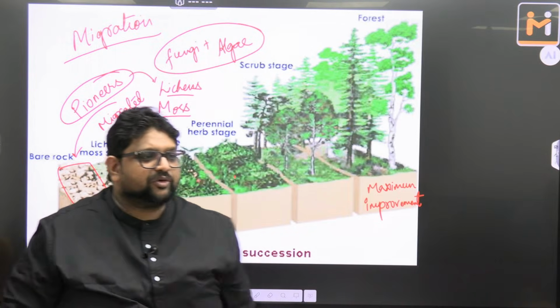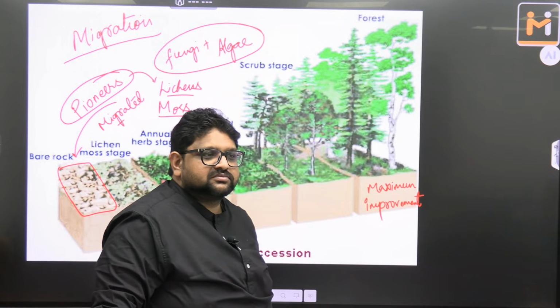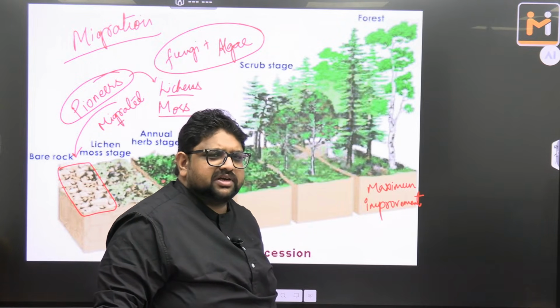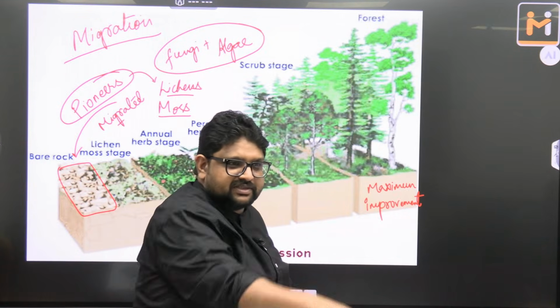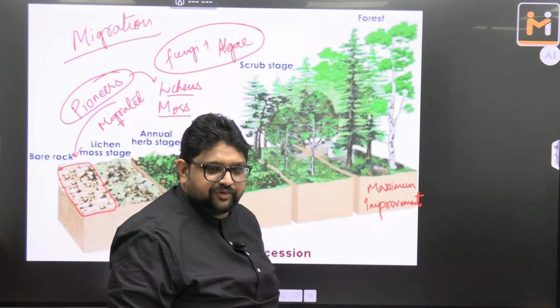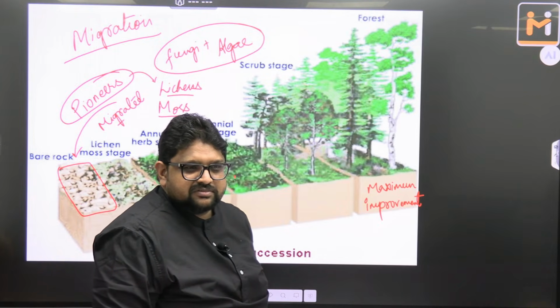What are the modes? How do they come? Water, wind, birds, animals, humans. We bring it from somewhere and place it somewhere. We introduce new species into new areas. Seed dispersal, spore movement, so many things.